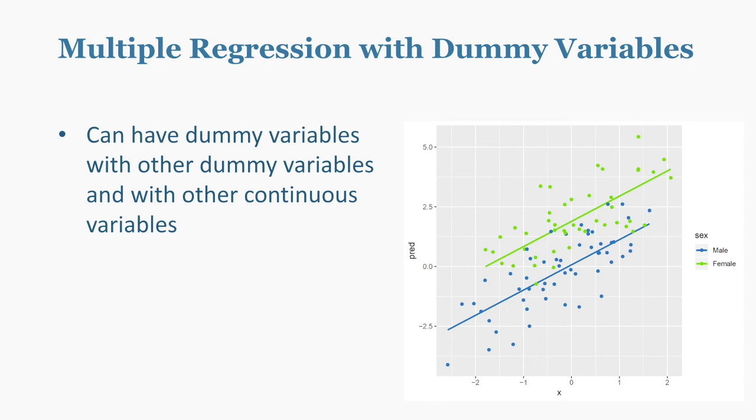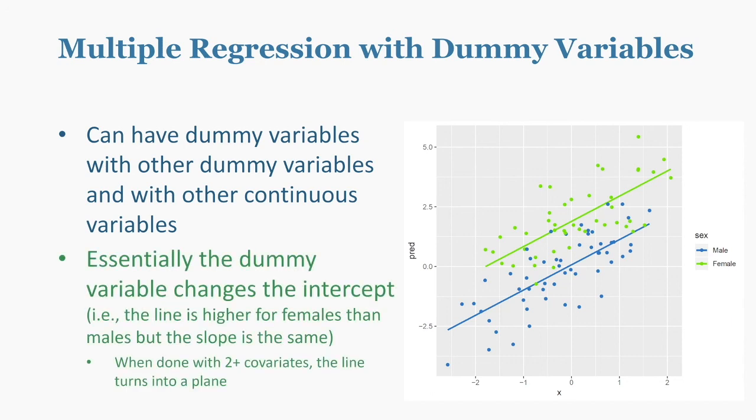When you have a continuous and a categorical predictor, the dummy variable just changes the intercept. So we can see here that the regression line is higher for females than males. But they're still parallel, right? So the slope is the same. And when you do this with two or more covariates, the line will turn into a plane or hyperplane and so on.